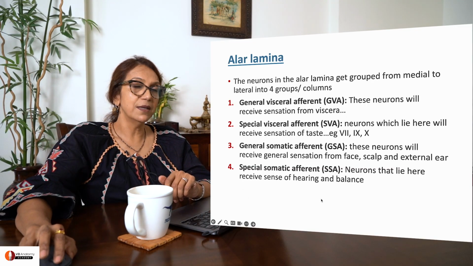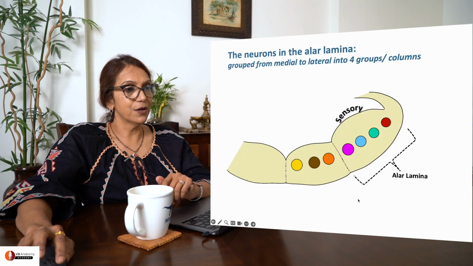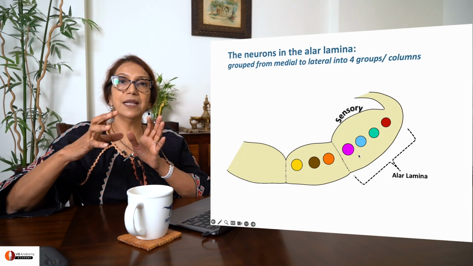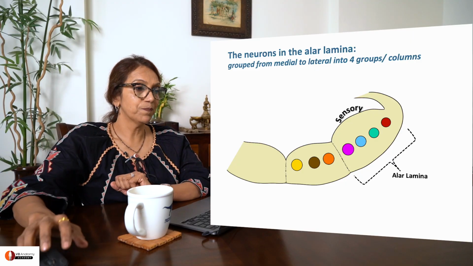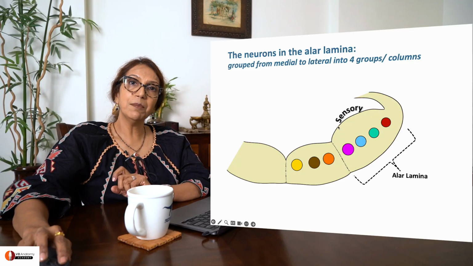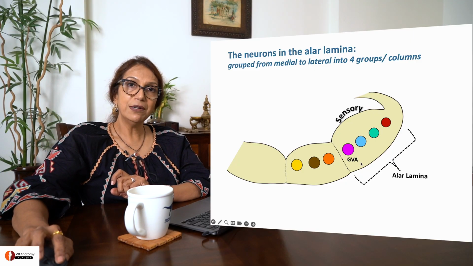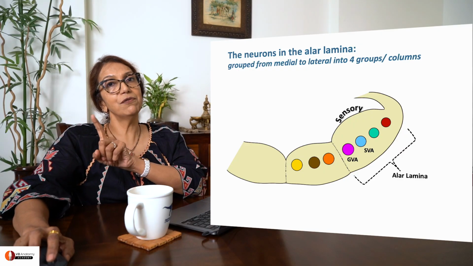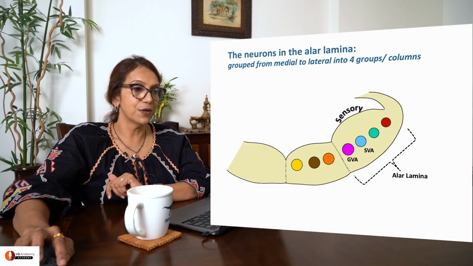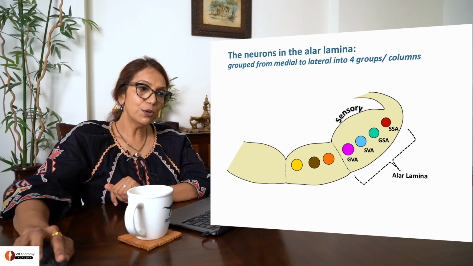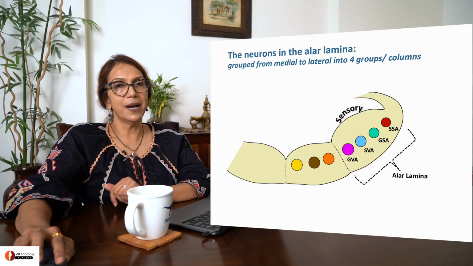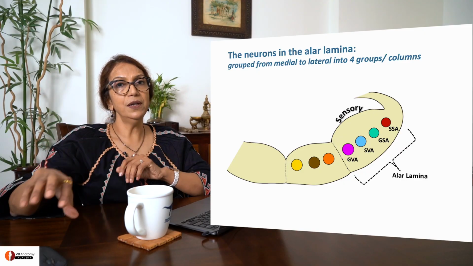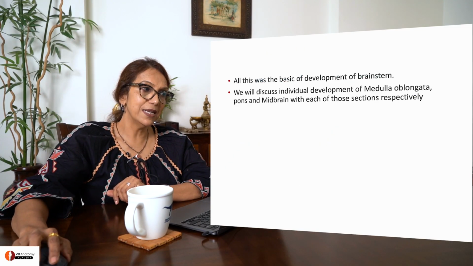All this comes under special somatic afferent. So this is the sensory area, therefore the area that is developed from the alar lamina. The neurons here can be classified as general visceral afferent, special visceral afferent, which is also called branchial afferent, general somatic afferent and special somatic afferent. So these are all the components of the neurons you will see here.